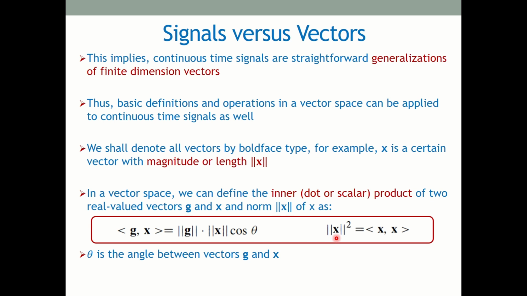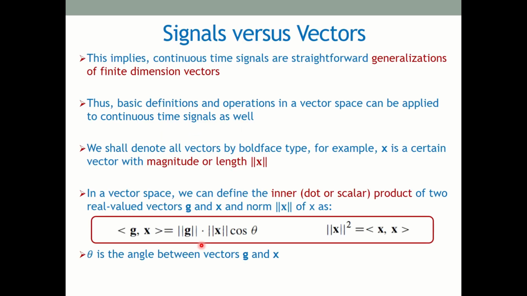If g is equal to x, then this term becomes the magnitude of x squared. As I said, theta is the angle between g and x.